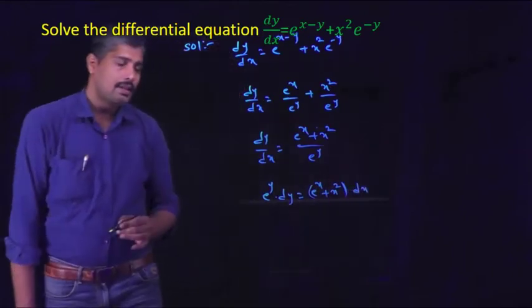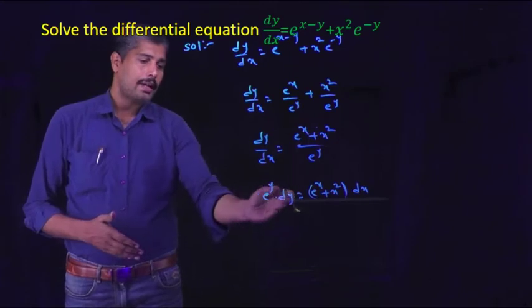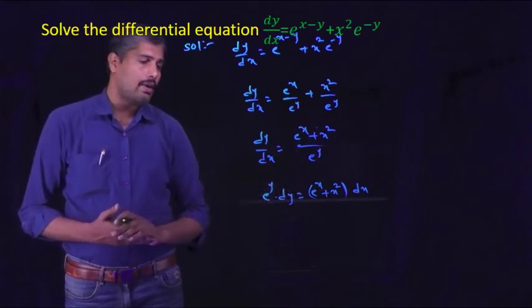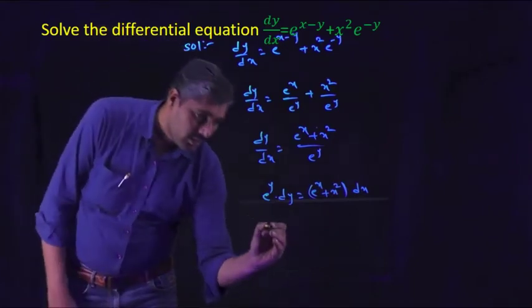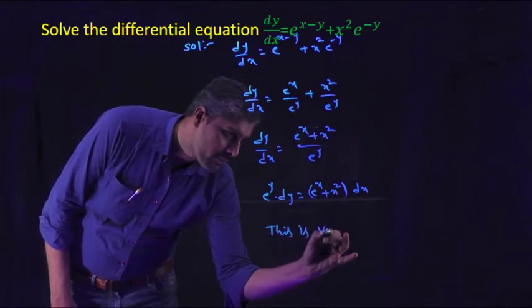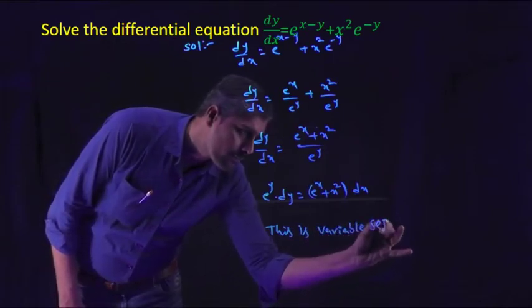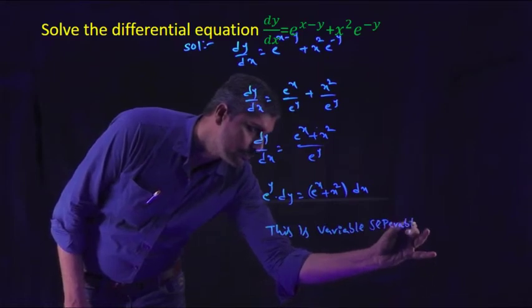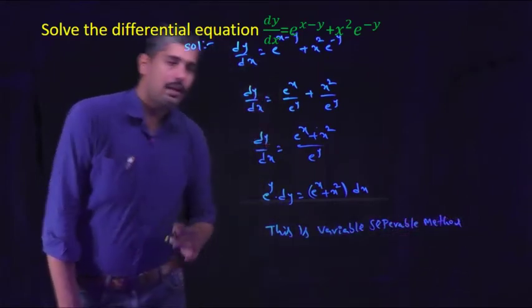This is clearly a variable separable method, separating the y terms with dy and the x terms with dx.